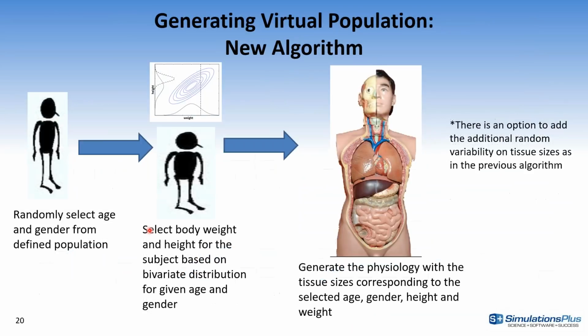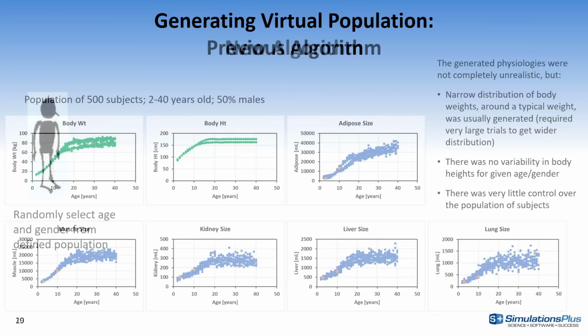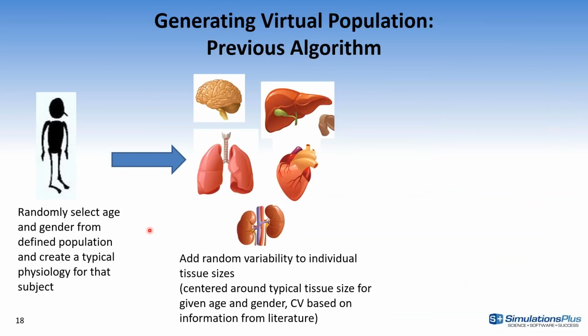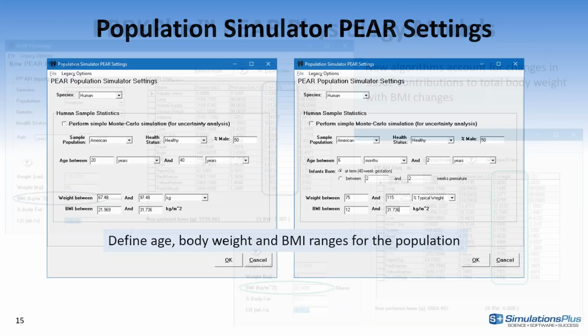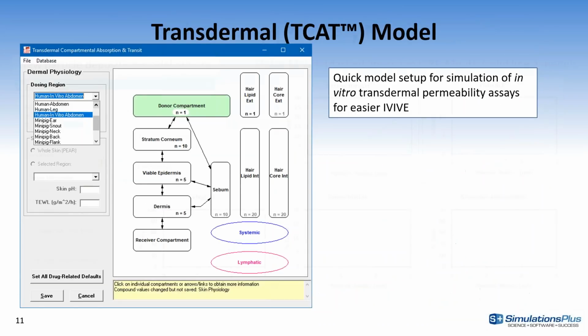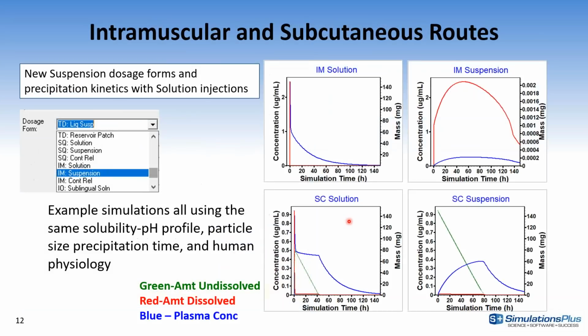So you can do them separately. We do have physiologies. I'm just trying to navigate with the slides going back. We do have physiologies for different regions. Also for the intramuscular, I don't have that one in here. So we would have options or physiologies for gluteal and deltoid muscles. So you can do an injection in each of those.